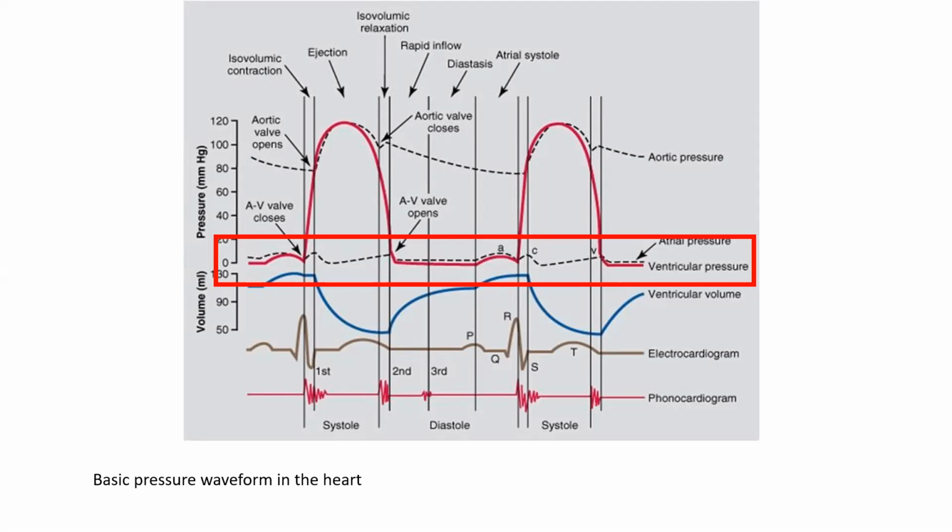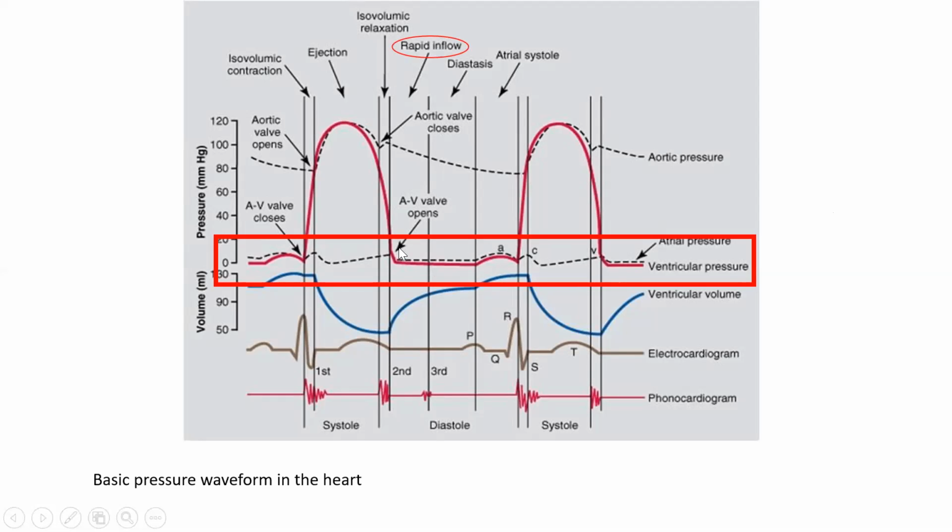To overcome that, you just measure the left ventricular end-diastolic pressure. In the absence of mitral stenosis, your left ventricular end-diastolic pressure is the same as your left atrial pressure. The same goes for the right ventricle. The right ventricular end-diastolic pressure is the same as right atrial pressure in the absence of tricuspid stenosis.